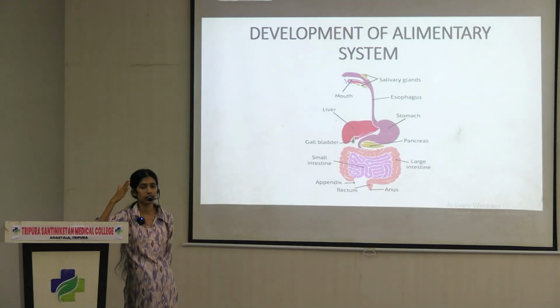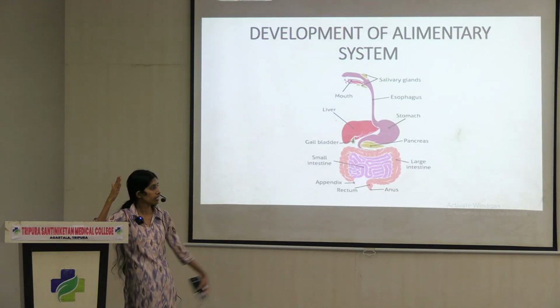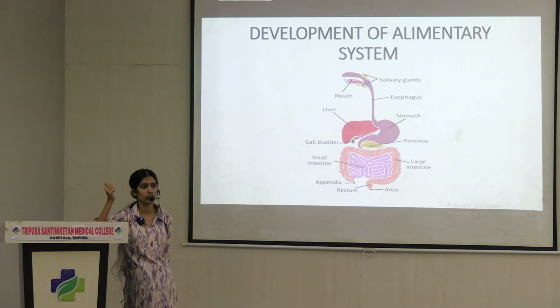Between the anterior abdominal wall and the liver, we can see the development of coronary ligament, falciform ligament and triangular ligament.